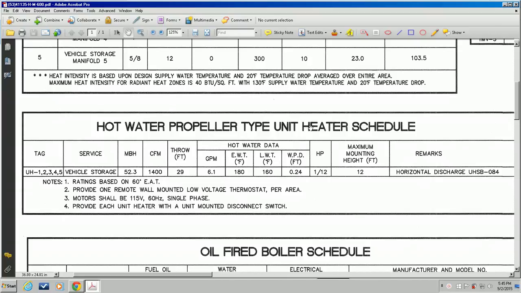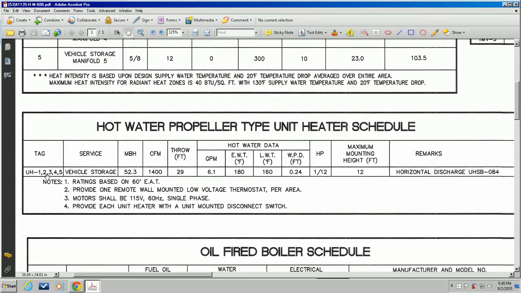So that's easy enough. But when we look at the body of the schedule, what's important in that body? One is a tag. In this case, the tag is UH1, 2, 3, 4, and 5. When you look at a tag, if the tag is numbered, we can assume that each unit is tagged an individual number.